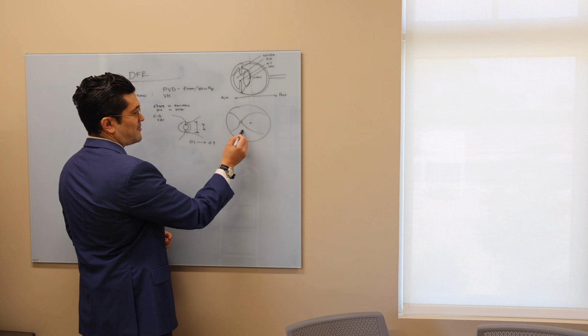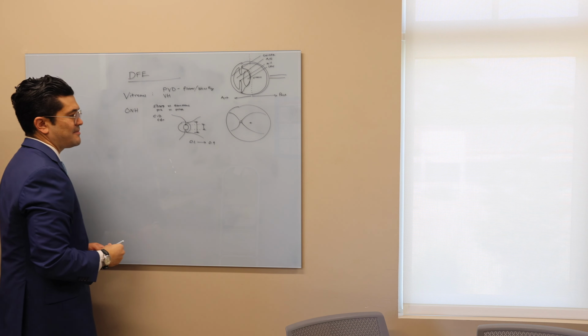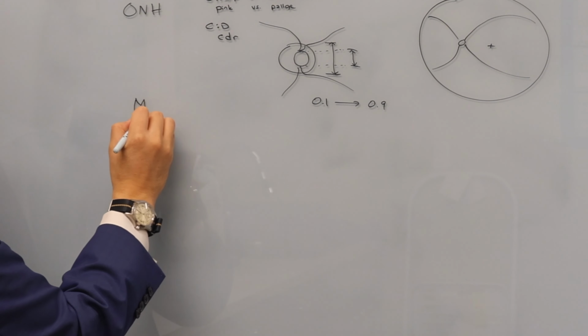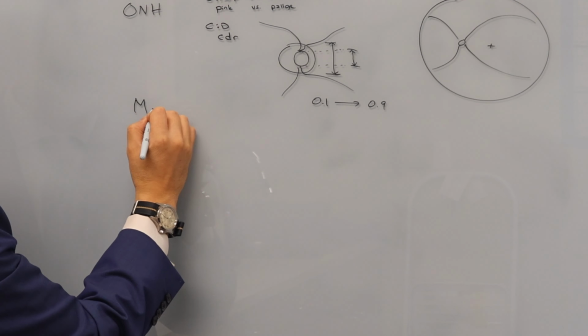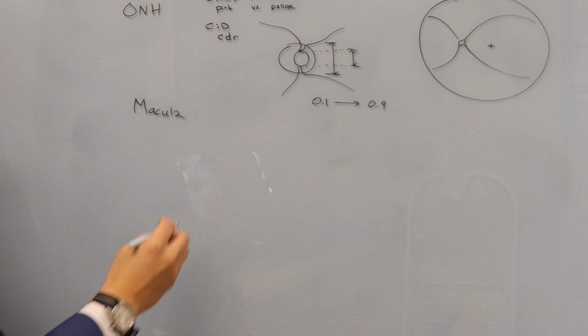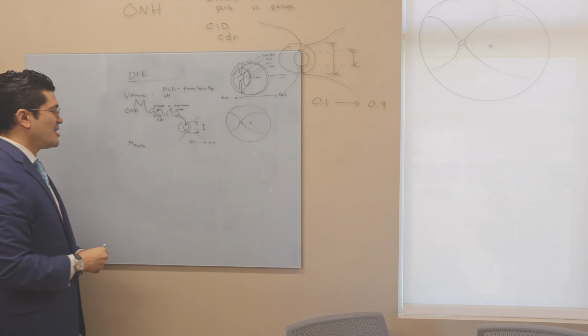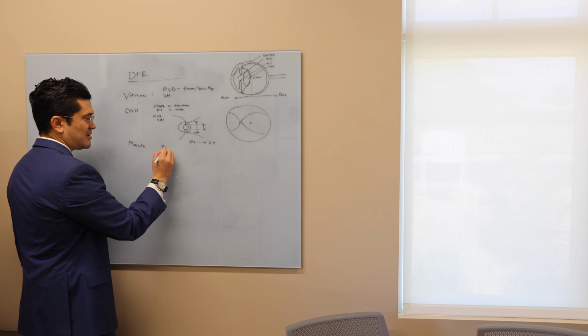So as we go a little bit further, we're going to work our way further in. Next thing is the macula. So we'll just say that as M, or you might even write it out, macula. When we do our macula examination, we're looking for, what does the foveal reflex look like?